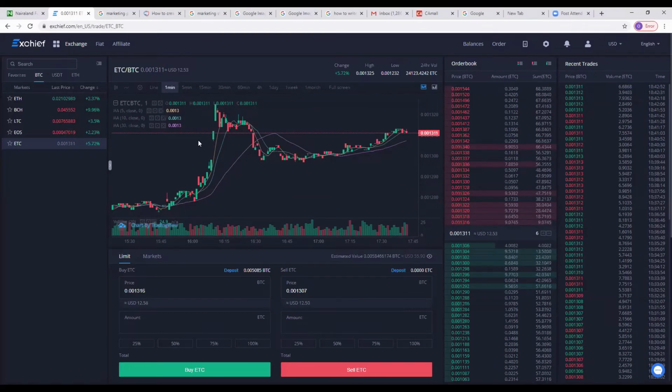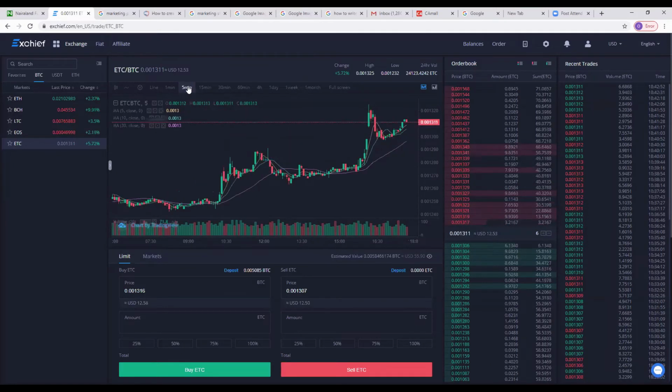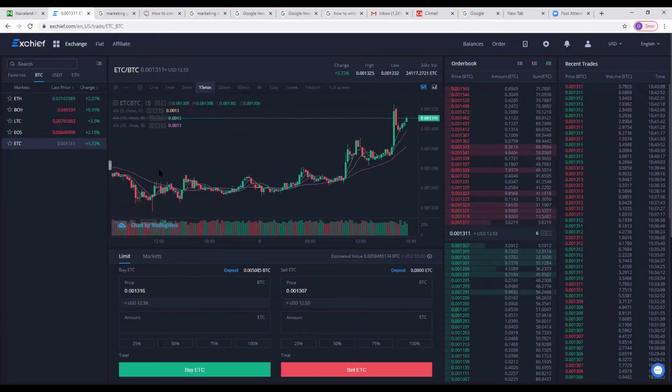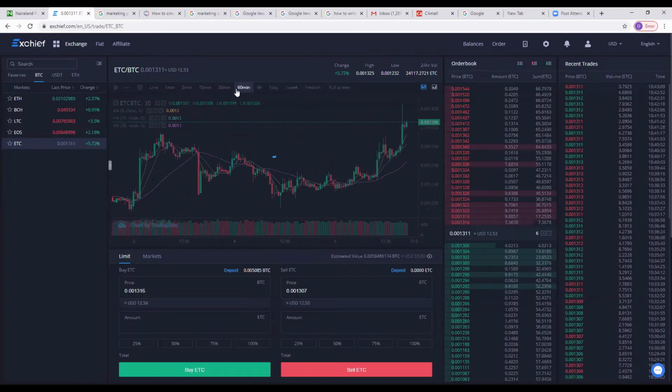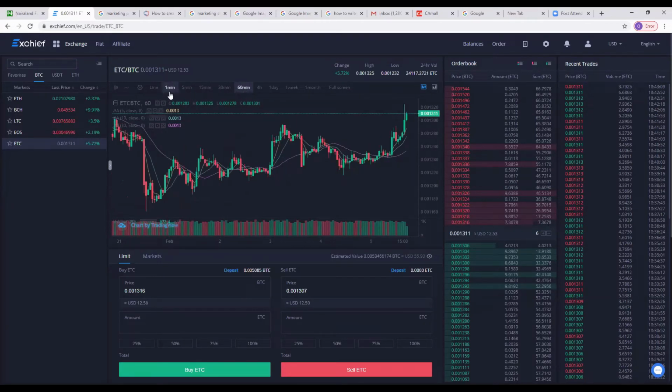It gives you price fluctuations per the time span that you click. If you click a 5 minute duration, that's the kind of depiction it's going to give you. If you click a 15-minute option, that is the display it's going to give to you. You have the option of choosing which kind of display you'd want, and you can play around with this.